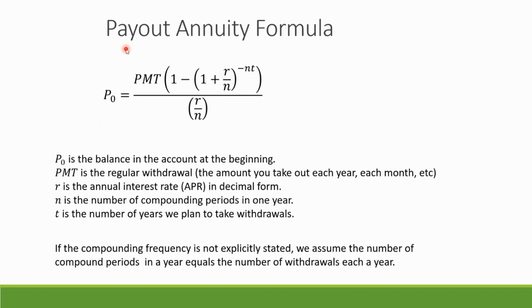So if we want to know how much we need in our retirement account to be able to withdraw, P0 is what we're looking for. And also, as I've said before, unless stated otherwise, the account is compounded as often as we take withdrawals.